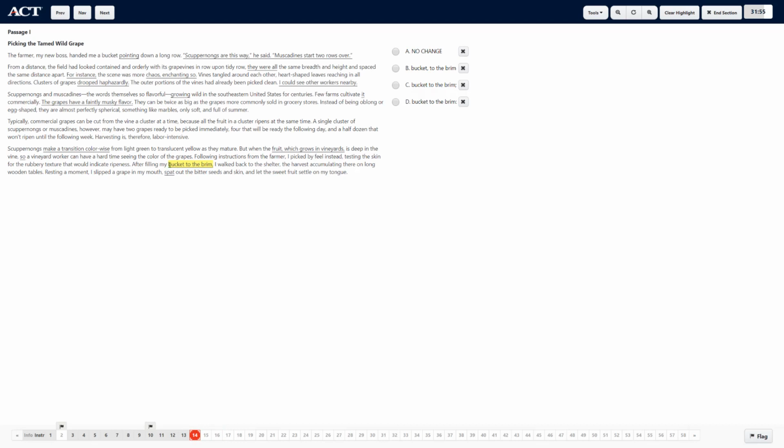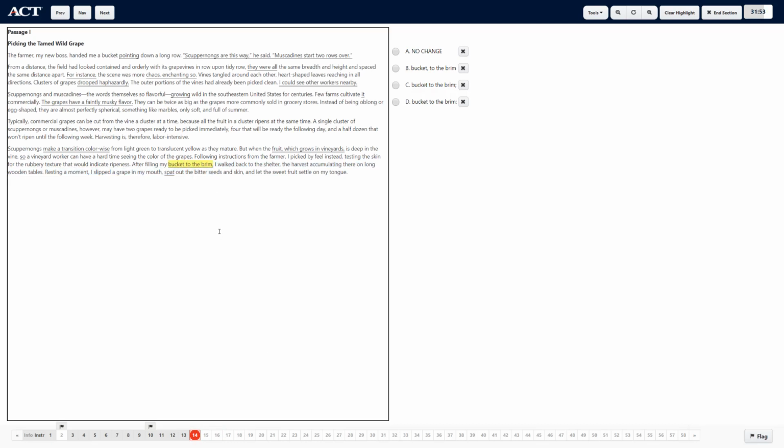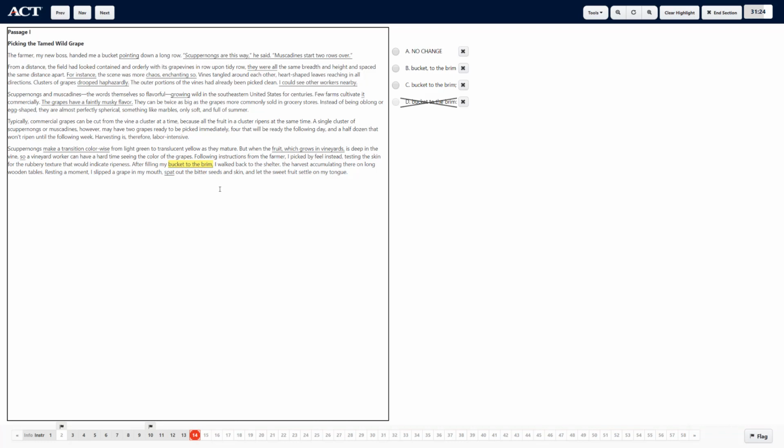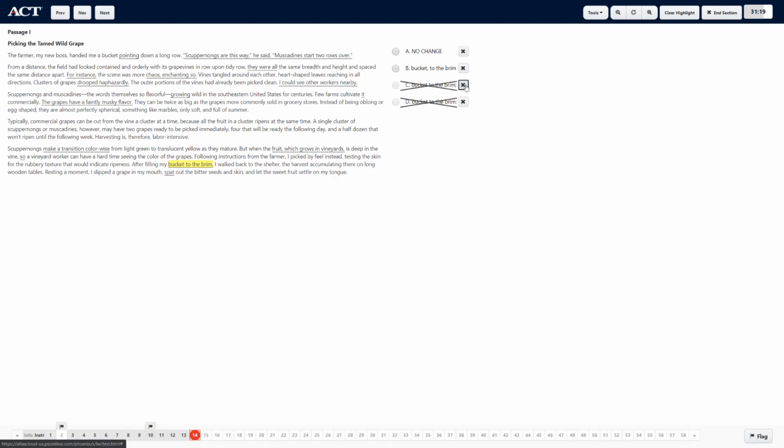After filling my bucket to the brim. Okay, so this is one hard question. We cannot use a colon here. And we cannot use a semicolon, because for us to use a semicolon, both sentences must make sense without the other. So if we eliminate this, this doesn't make any sense. This doesn't make any sense, right? So this is not as well.